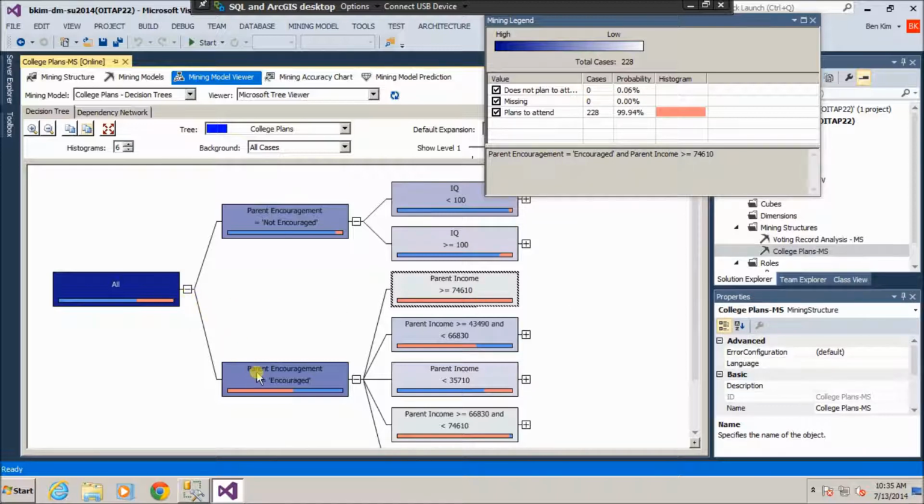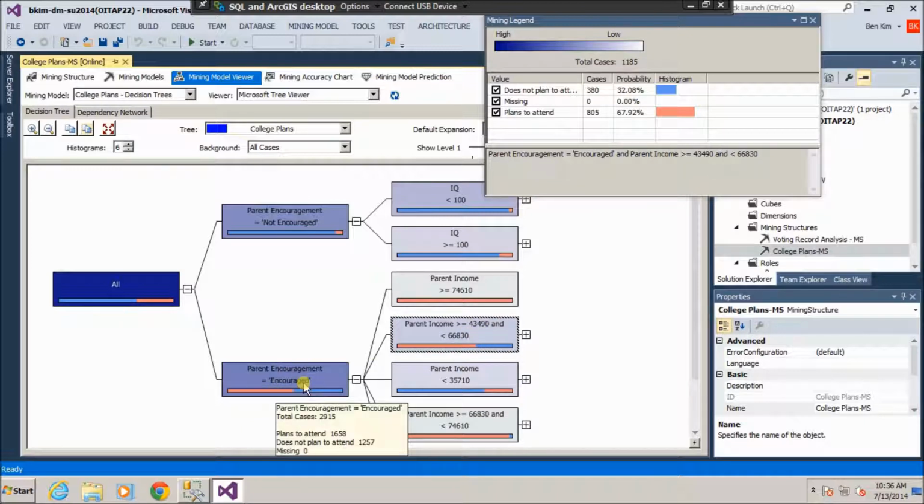So basically, you can actually use these nodes as a rule. You can create a rule such as if parent encouragement is there, and the parent income is greater than or equal to $74,610, then there's a 99.94% likelihood or probability that the person is planning to attend college. How about this one?